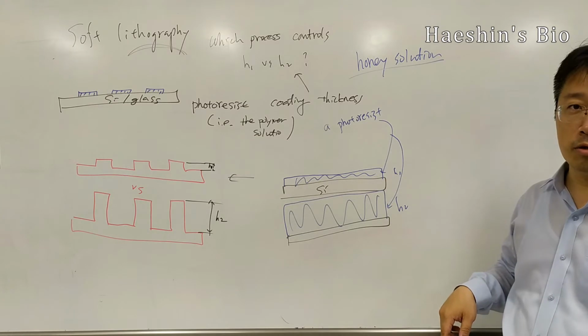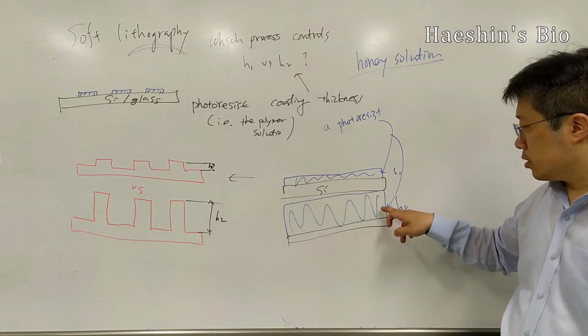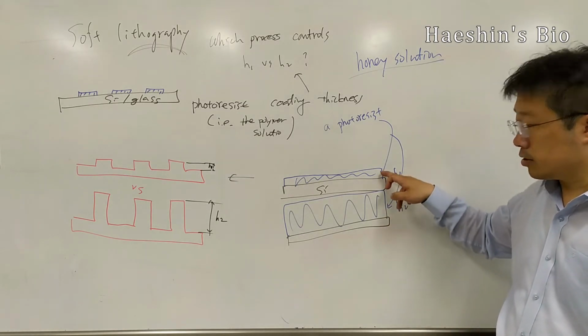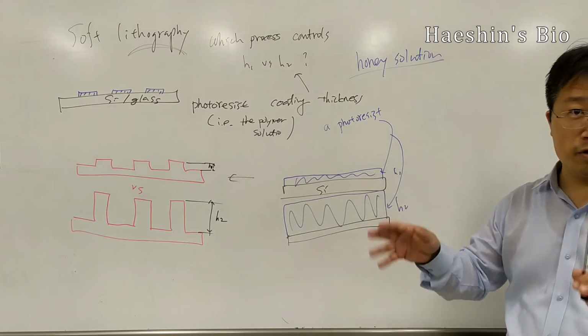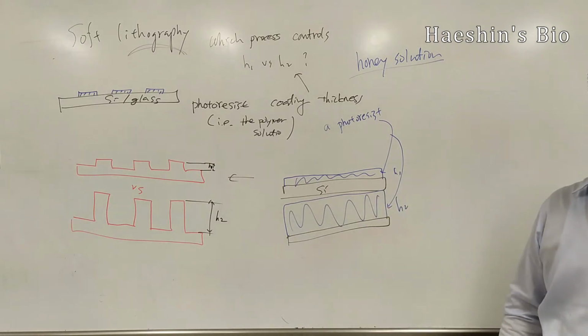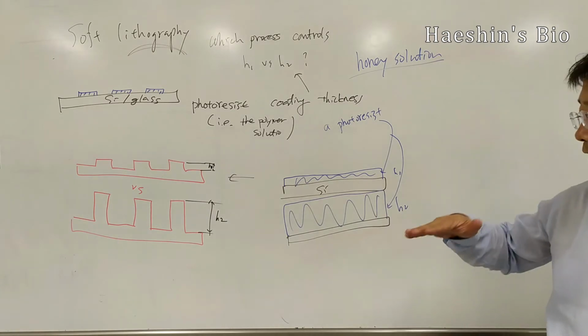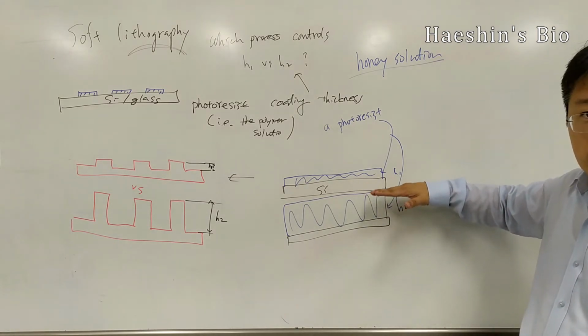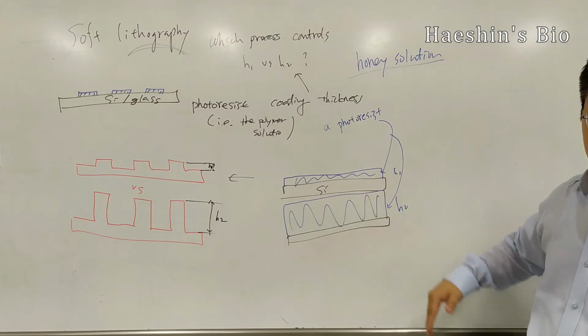So vice versa. Can this low viscous solution make this? No. The answer is no. Can this very viscous solution make this? Actually, the answer is no, because it's very viscous. Even if you rotate very, very fast, there is still a certain limit: below a critical thickness it cannot go even thinner.